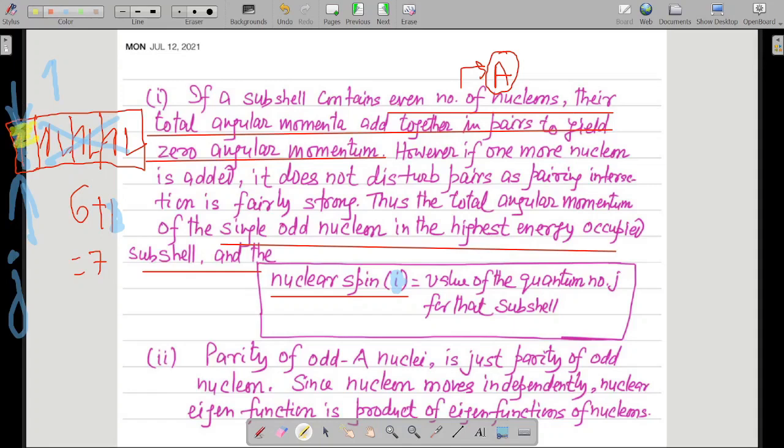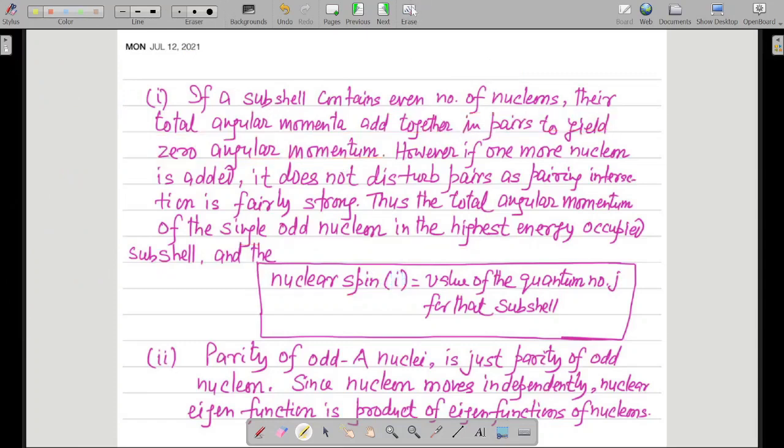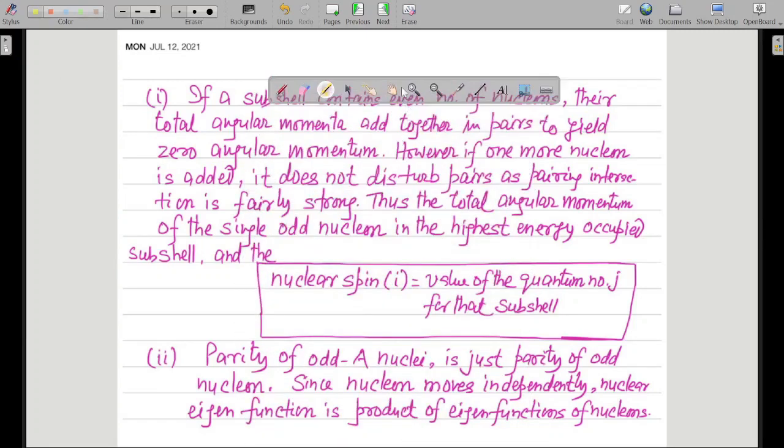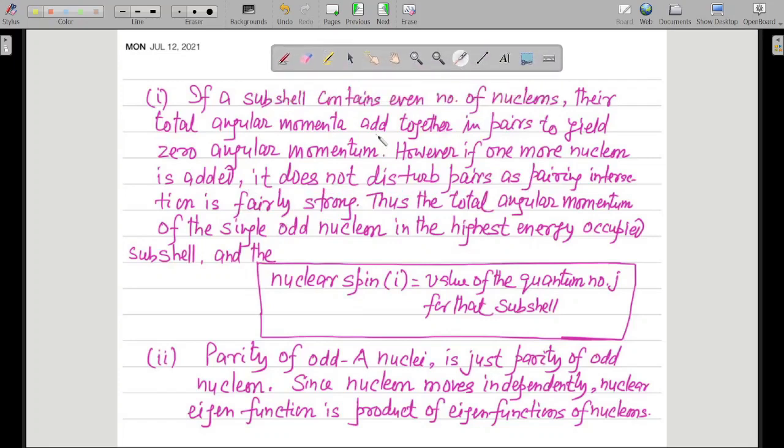Whatever will be the value of J for this yellow colored subshell, that will be equal to the nuclear spin I for that nucleus, because only a single unpaired nucleon was there in that nucleus, okay. So hopefully you got this, and we have already learnt this also, but I wrote it over here for your revision purpose.